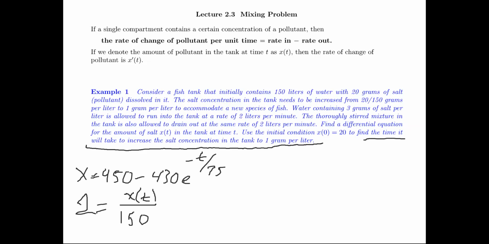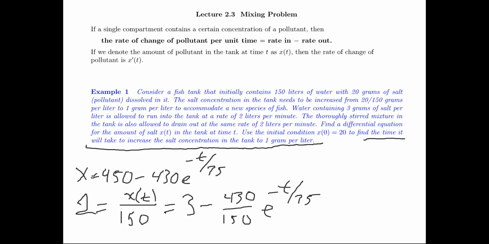So we do that, and we get that this is 3 minus 430 over 150 e to the negative t over 75. Subtract 3 on both sides, multiply by negative 1, so that you get 2 is equal to 430 over 150 times e to the negative t over 75.